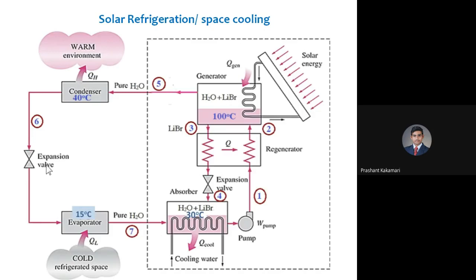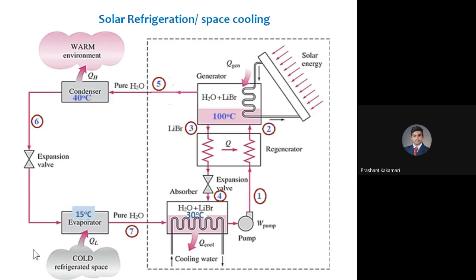By reducing the pressure, the temperature also reduces. This temperature, about 15 degrees centigrade, extracts heat from the cooling space, and after a number of cycles it extracts a large amount of heat. The heat in the cooling space can be maintained for the given comfort level.